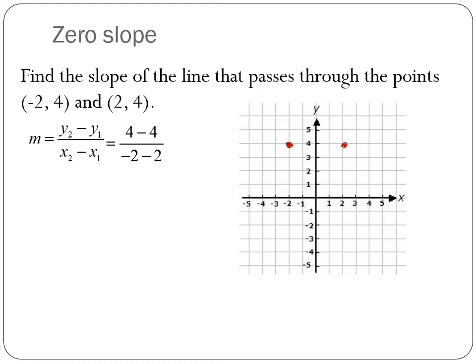Whenever you're working with a horizontal line, your slope will be 0. That's how you can see it visually. If we were to physically do the slope, 4 minus 4 over -2 minus 2, order matters. You end up with 0 divided by -4, which is 0 divided by any non-zero number. Your slope is 0. Makes sense, we got our line there.